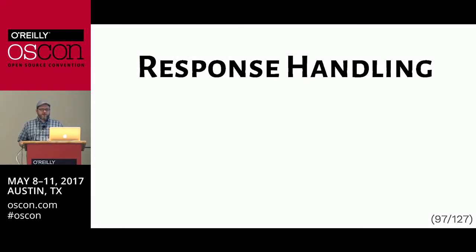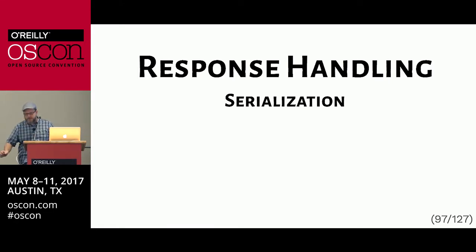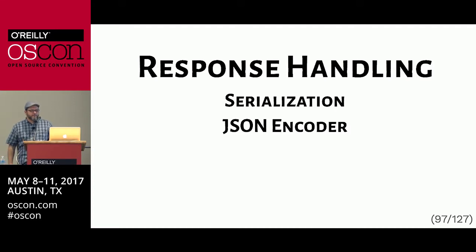The framework also handles the responses automatically. It uses the serialization format that is defined in the spec. It uses a custom JSON encoder, which is the base Python encoder with some extra things like support for date-time serialization.